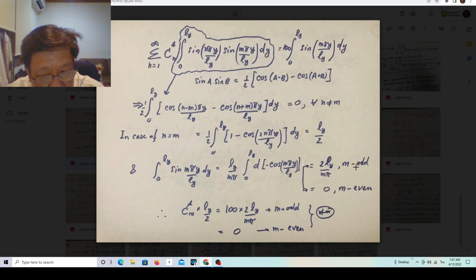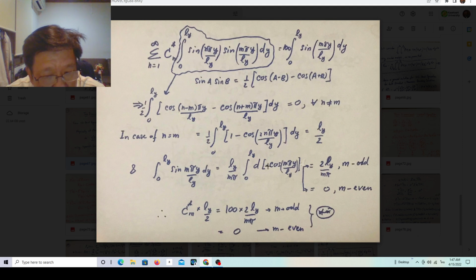When m is odd, the sine means cos pi, cos 3 pi, or 5 pi, times y divided by L sub y. When you substitute y equal to L sub y, you get cos of m pi. When you evaluate at y equal to 0, cos 0 is equal to 1, but this has a minus sign, and cos pi, cos 3 pi or cos 5 pi is always minus 1.